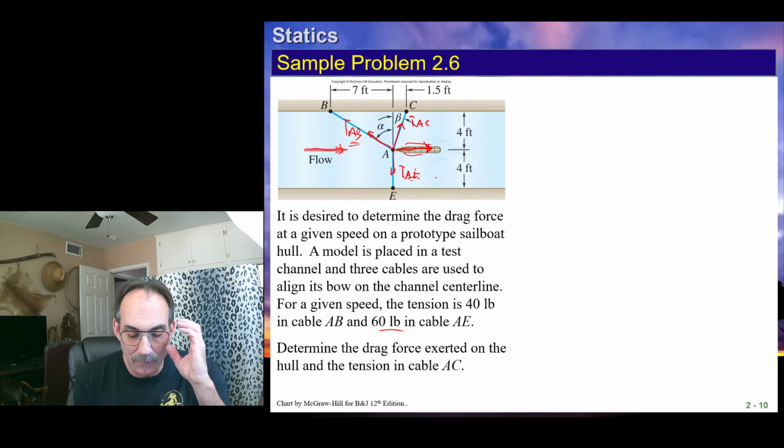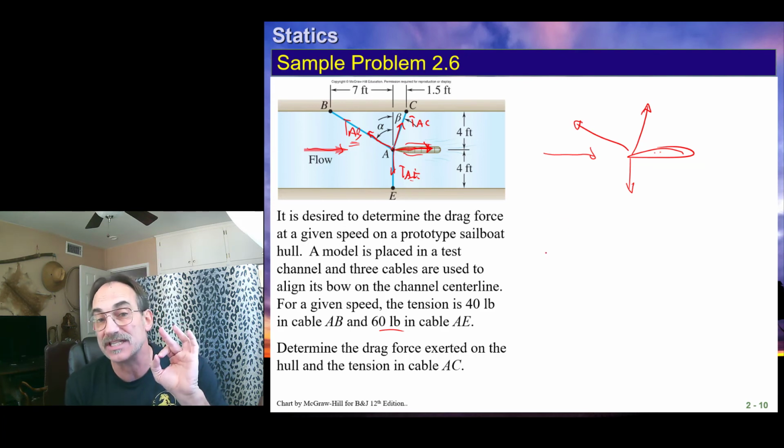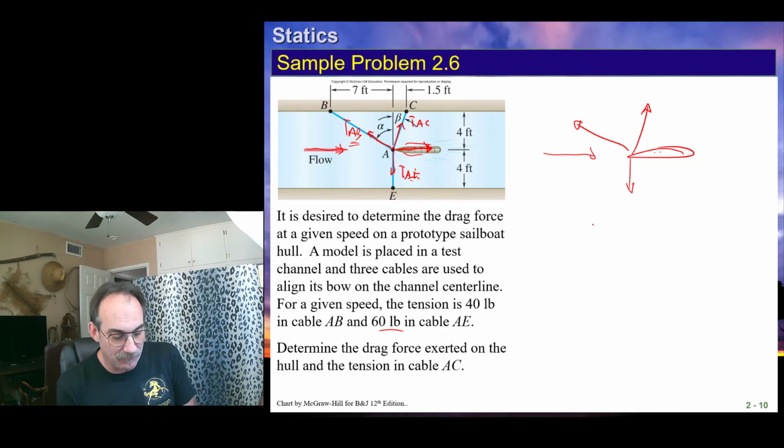This is a common problem where we have a boat and 3 cables attached, and we have some flow where we don't know how much drag force is occurring. We can just measure how much tension is in each cable, and that will allow us to calculate precisely how much drag we're getting from the flow.